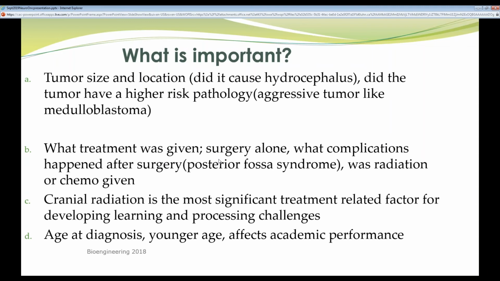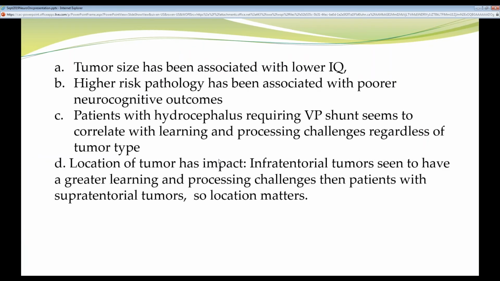We for sure know that when someone has a higher risk pathology like a medulloblastoma, that can actually impact learning and processing later on. So the other take-home message is that when you're younger, it can definitely impact your ability to learn and process.